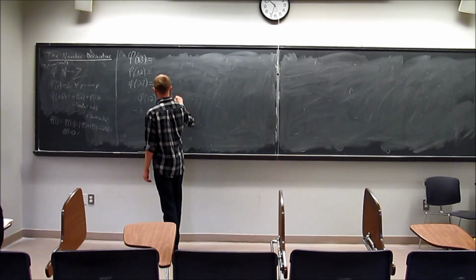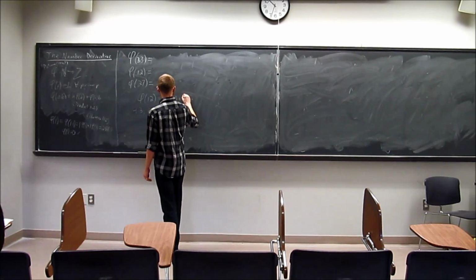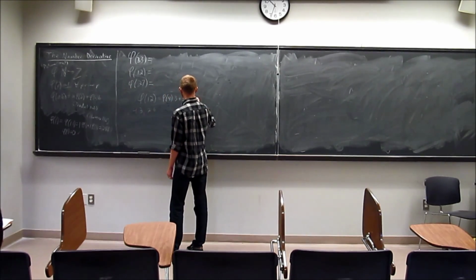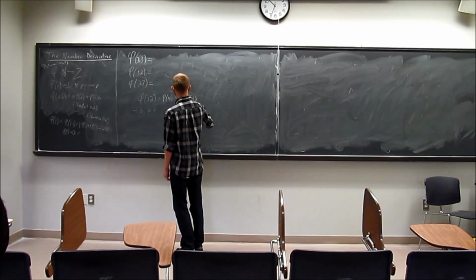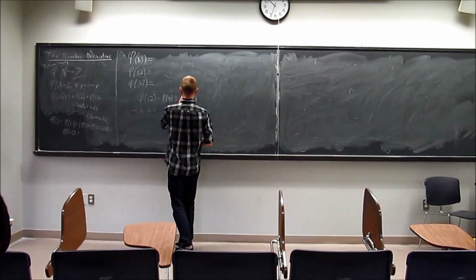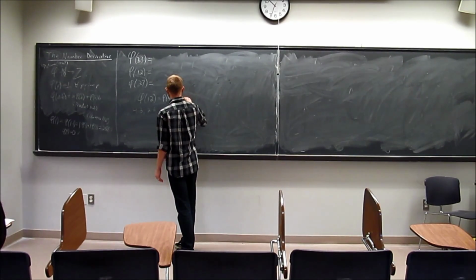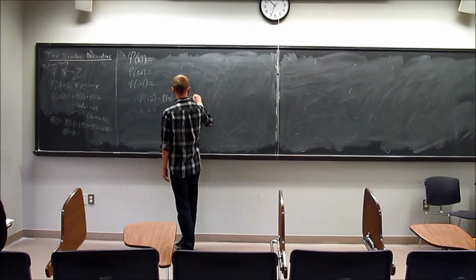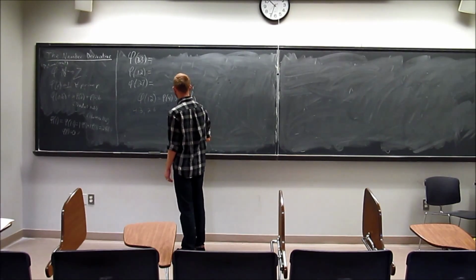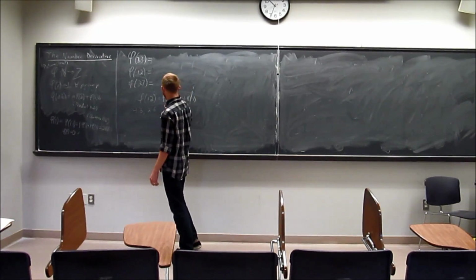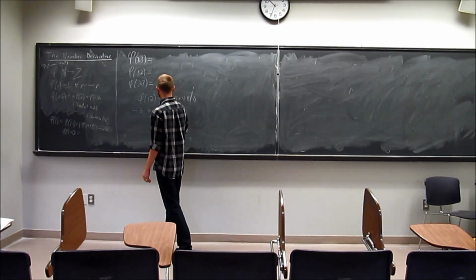So this would be 4 prime times 3 plus 3 prime times 4. So we know 3 prime is 1. And we can do the same trick with 4 here. Split this up.